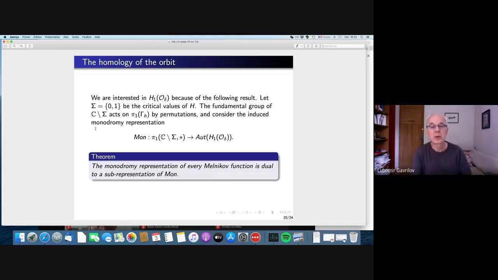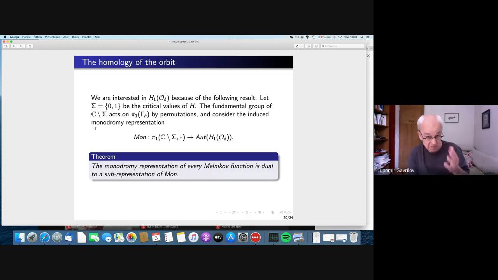Now I mean the following: take an arbitrary loop, an arbitrary homotopy class in P1, we can do analytic continuation of this. So with respect to H, there is a deformation parameter.